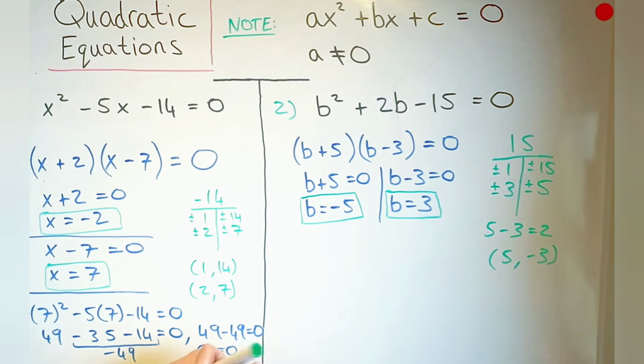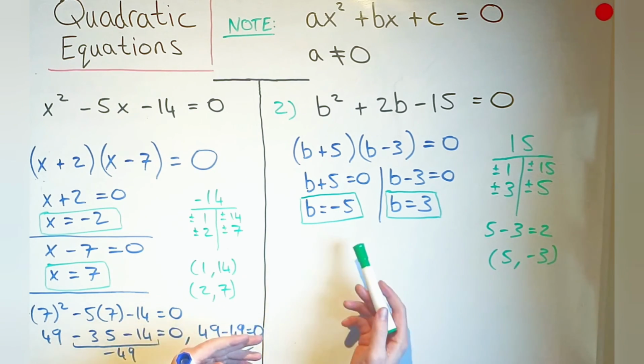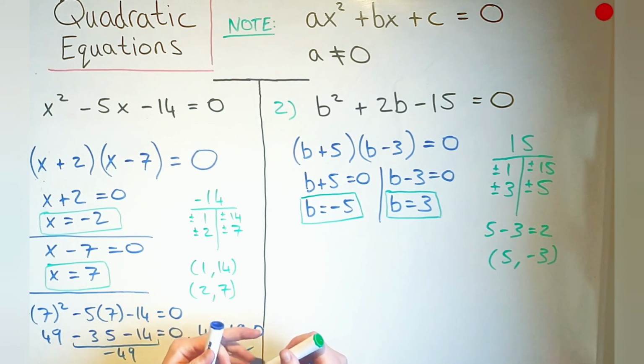So the important thing now is always to check to see if your answer is correct. That's a nice thing to be able to do, is to verify that your variable values are correct. And how you do that is you plug the value back into the original equation.